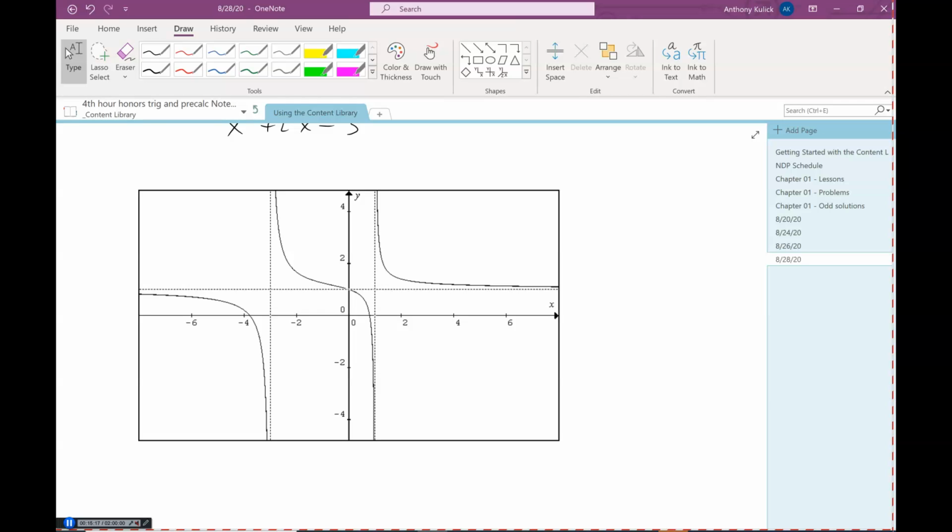So if we look at this, it's pretty clear that these are vertical asymptotes, right? No ambiguity there. This one, we're going to refer to as a horizontal asymptote, even though what do you notice is happening? The graph crosses it here, right?